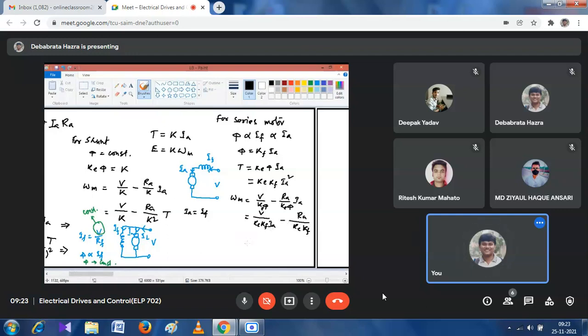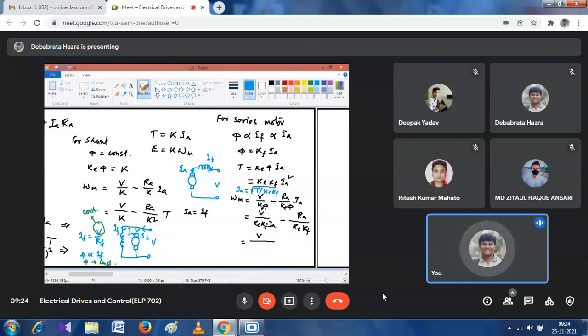And if we replace the value of IA in terms of T, what should we write? First derive the value of IA in terms of T. What should be the value? IA should be root over T by KE KF.